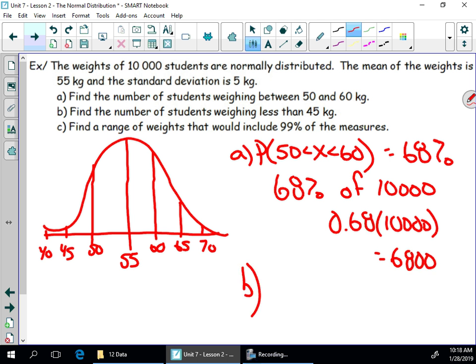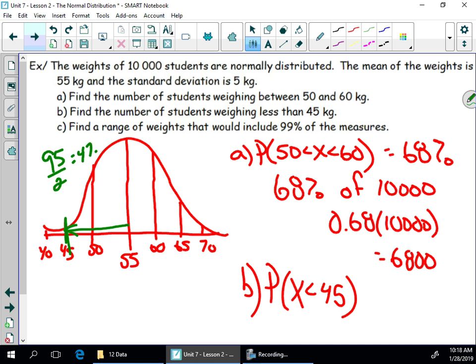Let's try B. Number of students weighing less than 45. Okay, below 45. Ooh, that's way down here. Below 2 standard deviations. So, 2 standard deviations. What do I know about that? I know that's that. That's 2 standard deviations. So 95% divided by 2 is 47.5 for this part.